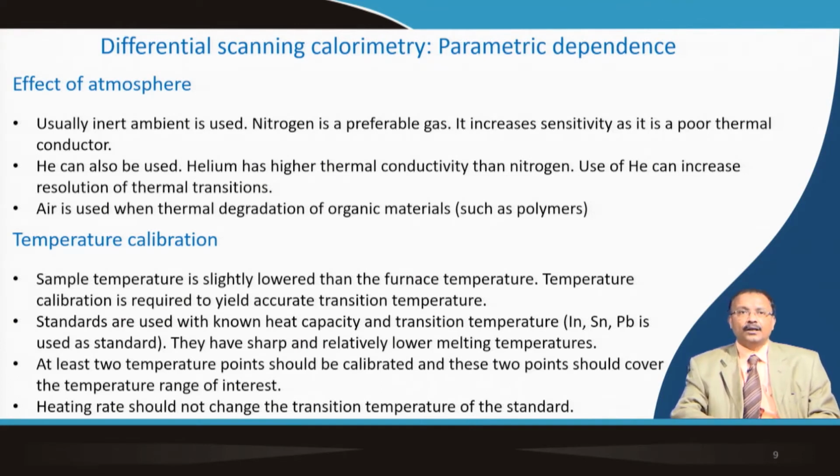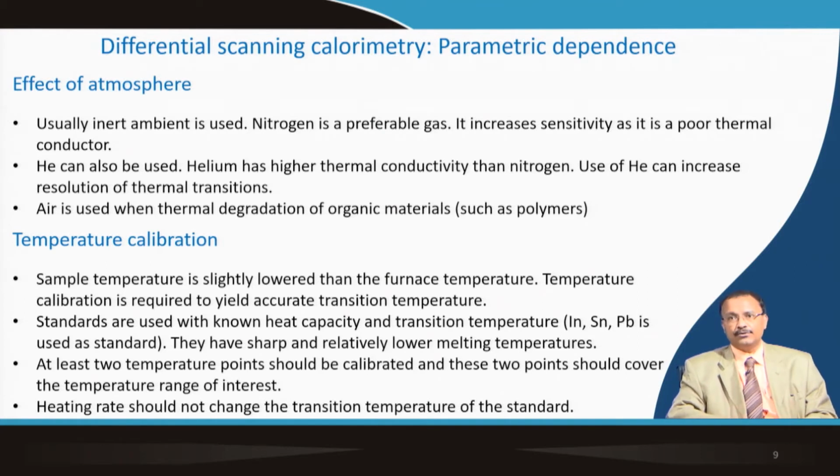Usually an inert ambient is used in case of DSC. Nitrogen is a preferable gas because it increases the sensitivity and it is a poor thermal conductor. Sometimes helium can also be used, because helium has a higher thermal conductivity than nitrogen, but helium is expensive, but it increases the resolution of the thermal transition.